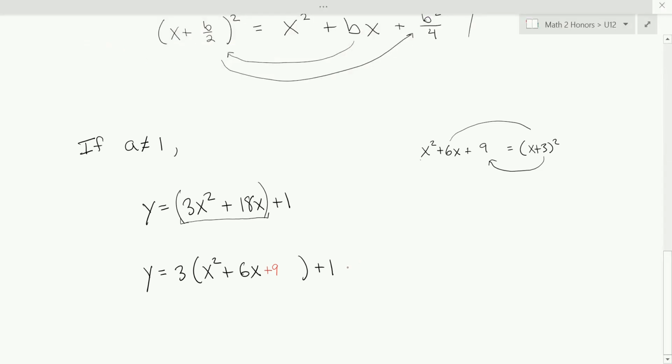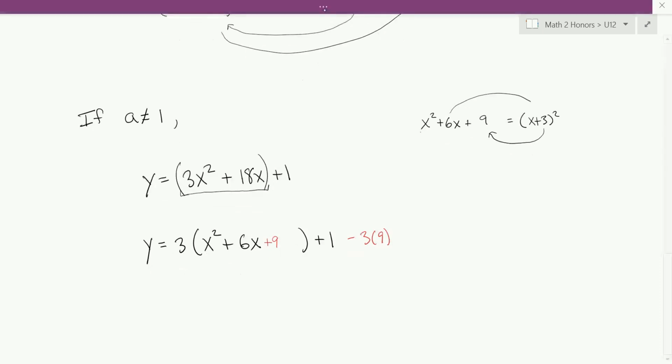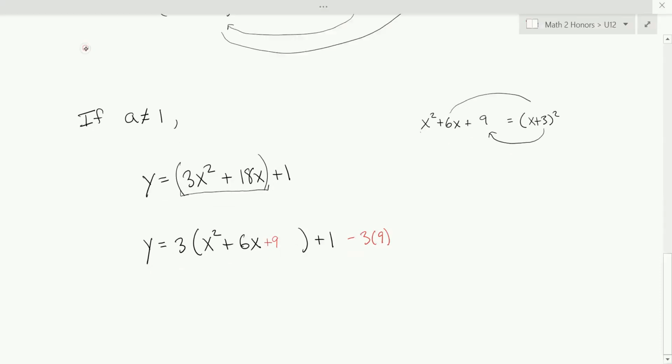So I'm going to put minus 27, or minus 3 times 9. The 9 inside has a value of 3 times 9 because it's in parentheses and there's a 3 in front. So I need to counterbalance that with a negative 3 times 9 on the outside. That's something a little new, and you got to think through that a little bit. Once you're there, though, everything else is easy.